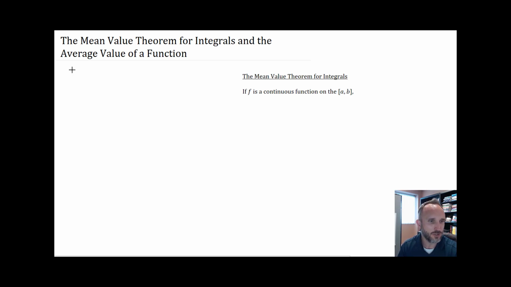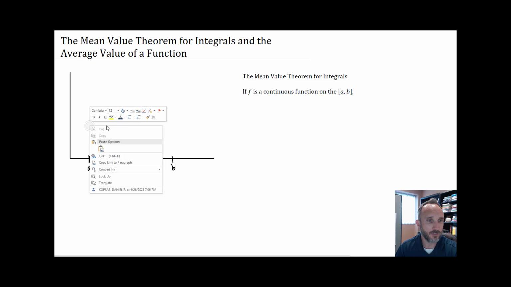So let's draw a picture of some function that's continuous on a closed interval. I'm going to keep the drawing simple here and look at our picture in the first quadrant. Let's say that our a value is here and our b value is here, and it's continuous on the closed interval. That means there are no breaks as I draw my graph from a to b.